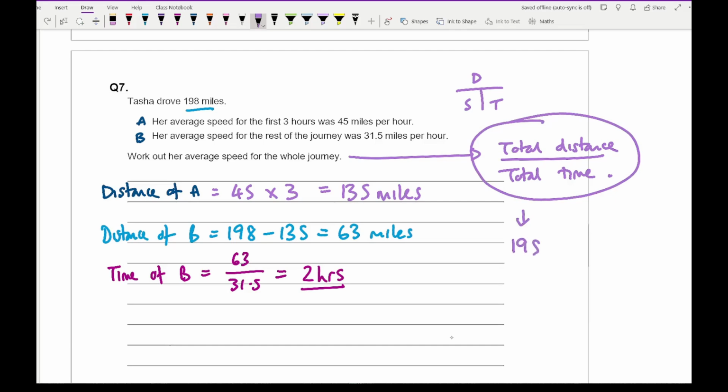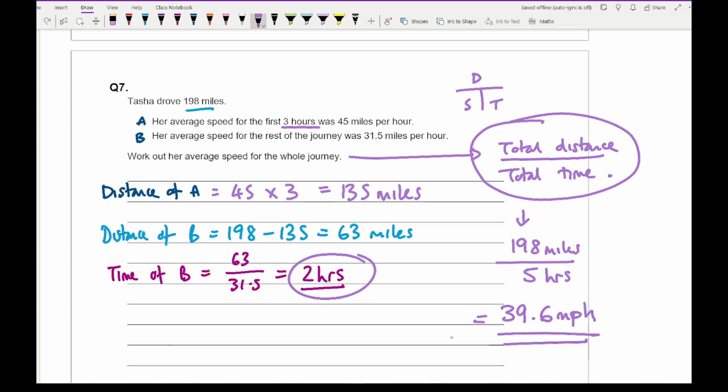The total distance is 198 miles, and the total time is 2 hours plus 3 hours, which is 5 hours. So all I've then got to do is 198 divided by 5, which gives me an answer on the calculator of 39.6 miles per hour. And there we go.